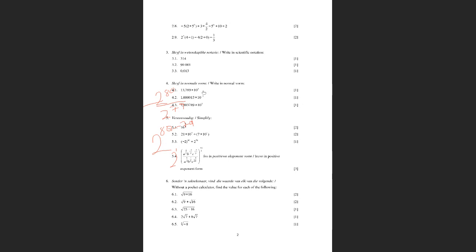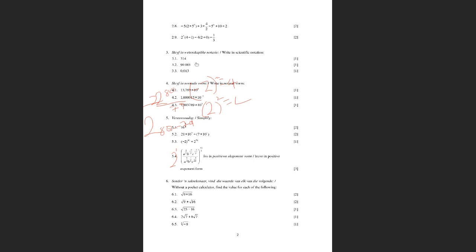Yeah, Lusanda, we first explained why the negative disappeared. Once the exponent is an even number, whether the base is negative or positive doesn't make any difference, because negative 2 squared is 4. At the same time, positive 2 squared is also 4.